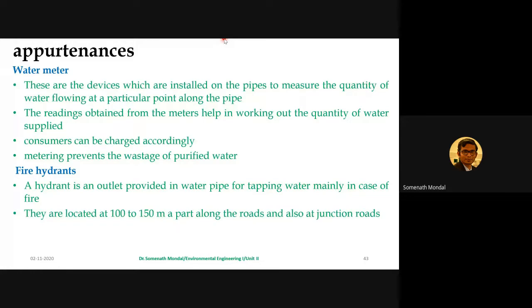The water meters are usually installed to supply water to the industries, hotels, big institutions, etc. Metering prevents the wastage of purified water. So the psychology is, if there is a metered water connection, people will reduce wastage of purified water.